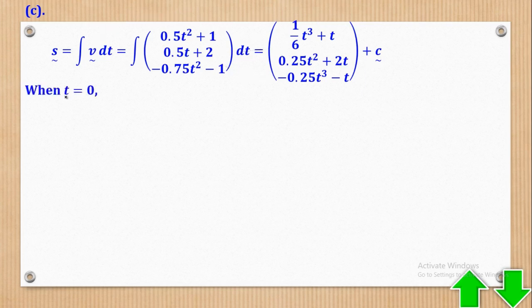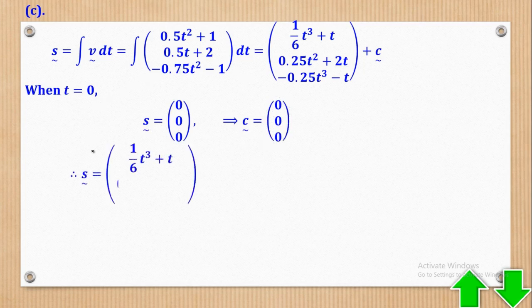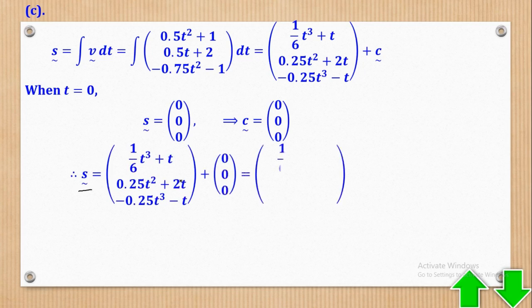So next I'll say that initially when t is equal to 0, s is equal to 0, meaning that c is also equal to 0, 0, 0. So I think we realize that we are putting that constant of integration in vector form. Therefore, the final expression for displacement will be this, which gives you that in meters, so the units should not be forgotten.